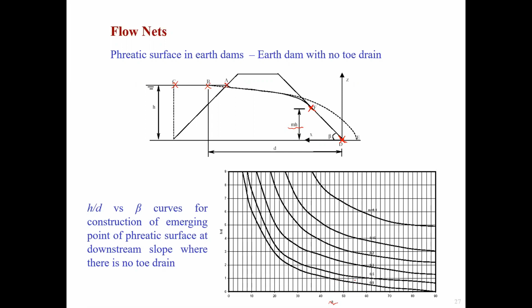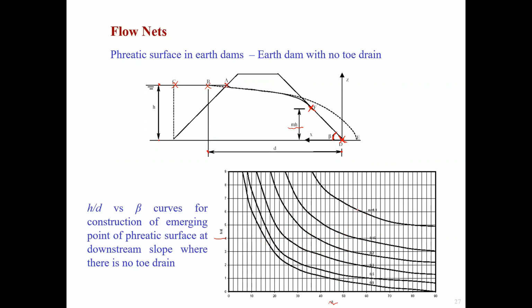On the horizontal axis, this beta is the angle of the downstream slope of the dam, and this is H over D. D is the horizontal distance between the point B and the point D, and H is the thickness of the water retained by the upstream. So if we know the beta and H, we are able to find the value of M from this chart.